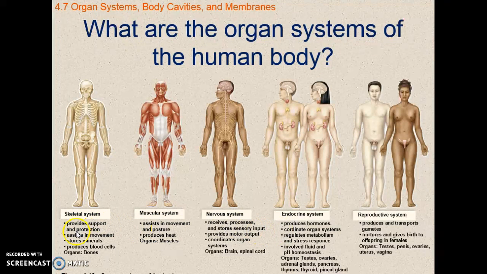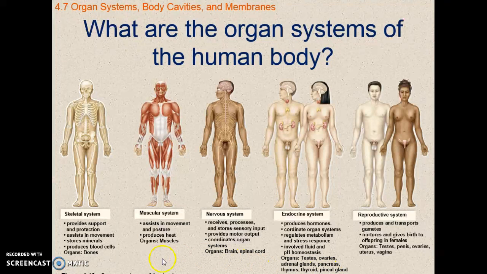What's nice about this figure is it gives you a very broad overview of what each system does. The endocrine system provides hormones, coordinates organ systems, regulates metabolism and stress responses, and is involved in fluid and pH balance, and the organs are the testes, ovaries, adrenal glands, pancreas, thymus, thyroid, and pineal gland.